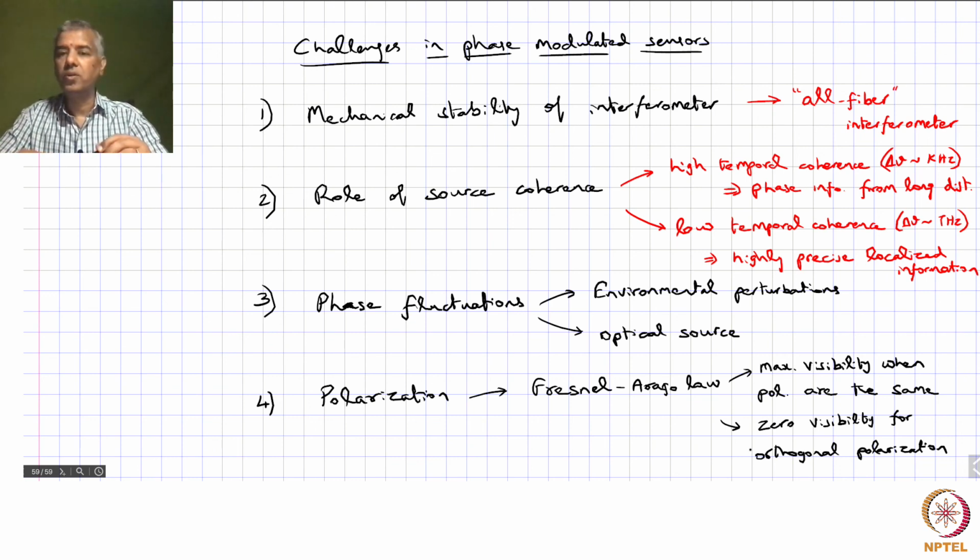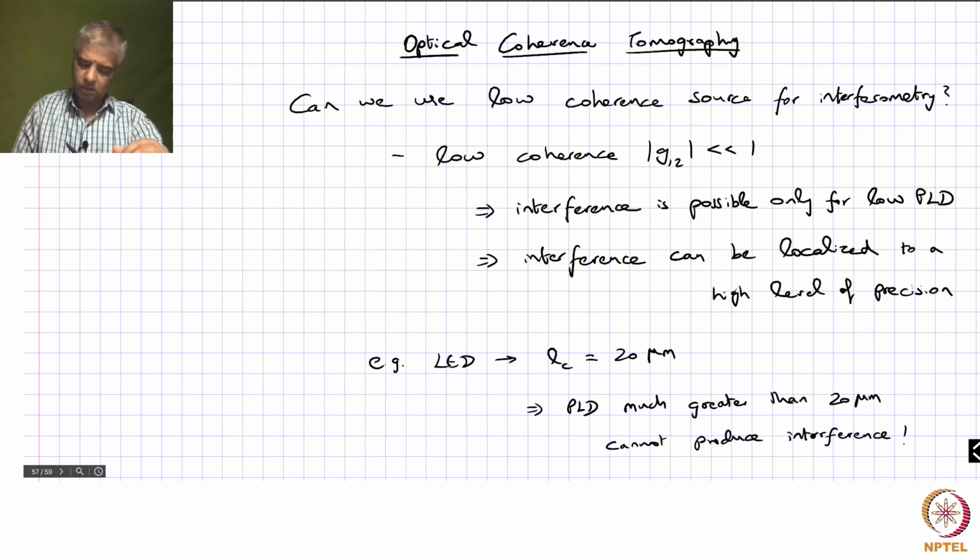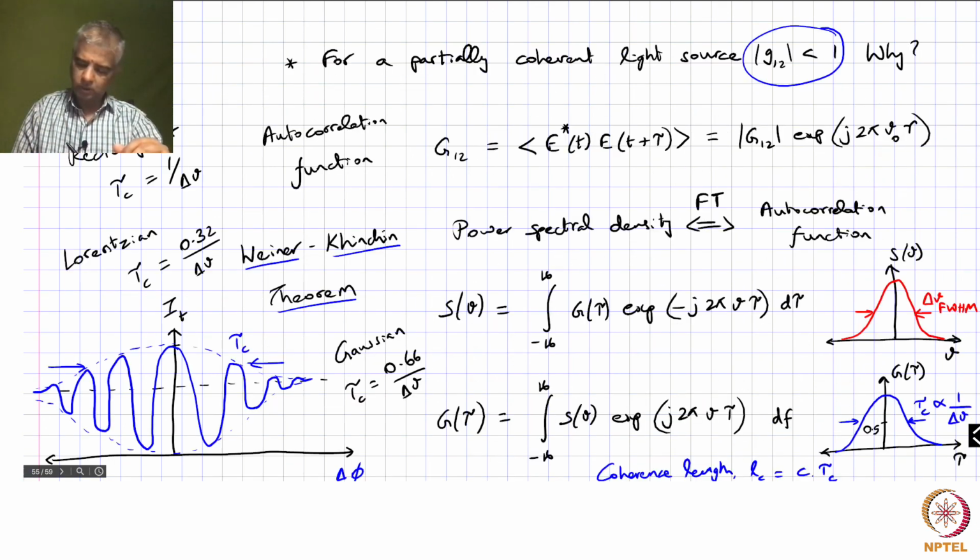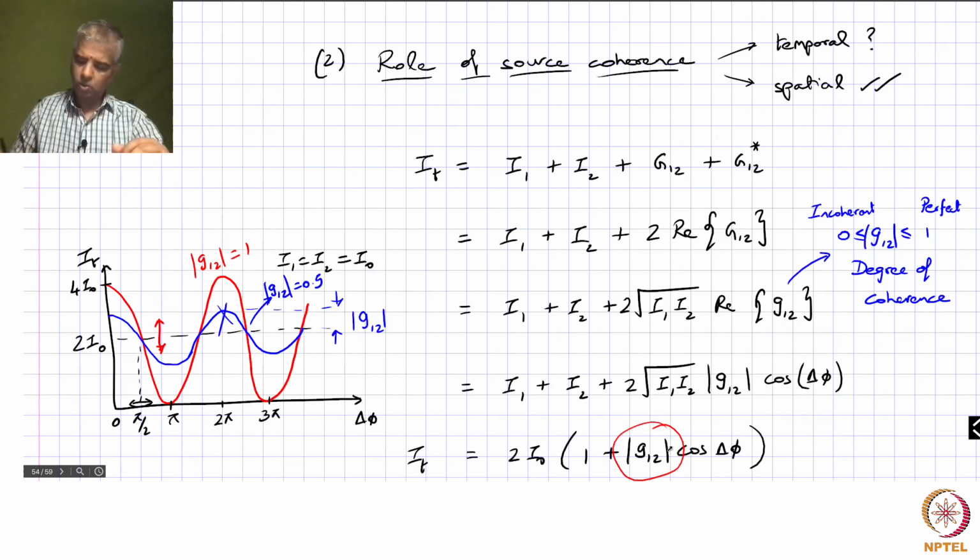Okay. So that puts another constraint on, we talked about how this visibility is determined by G12, which corresponded to the degree of coherence, but what we are now saying is that visibility is controlled by G12, provided both the interfering sources are of the same polarization, right.